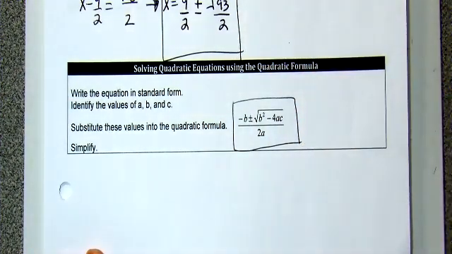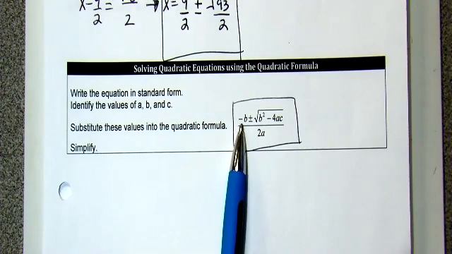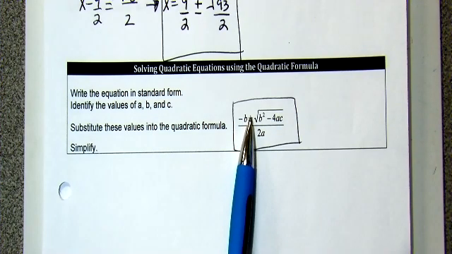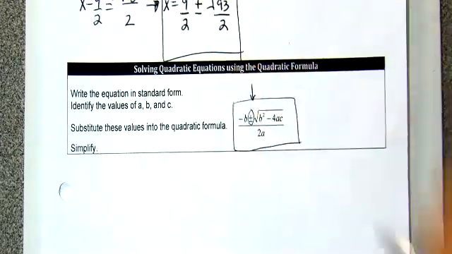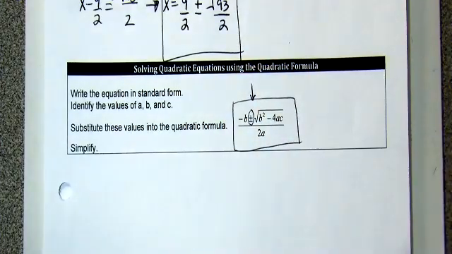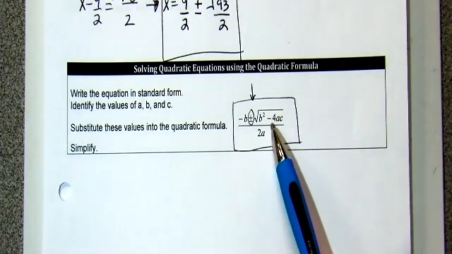It's given to you, but it isn't a bad thing to really be able to recognize it and be very, very familiar with it. In the formula, there's a negative in front of B. And then there's plus or minus. That's where the two solutions come from, right? So you may have to pull it apart and simplify it a little bit more. And then the square root of B squared minus 4 times A times C all over 2A.